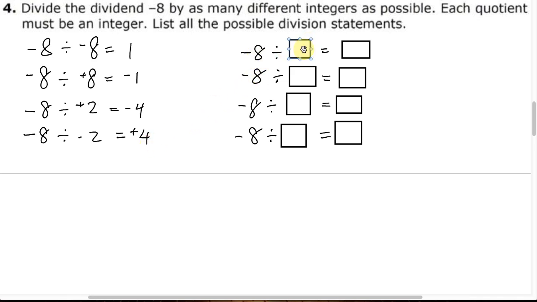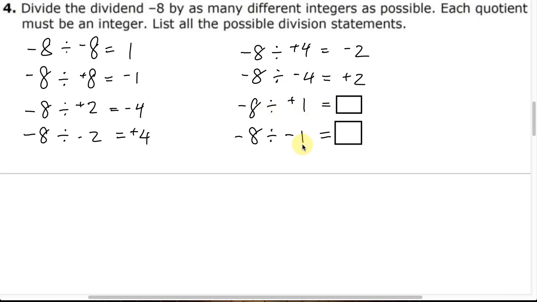Negative 8 can also be divided by positive 4. That will give you negative 2. Or divided by negative 4, that'll give you positive 2. And finally, negative 8 can be divided either by positive or negative 1. In each case, you'll get either negative 8 or positive 8. So that lists all the possible division statements that you can have.